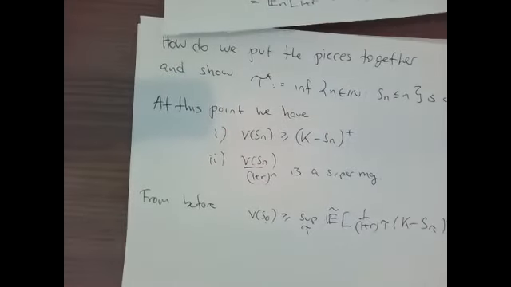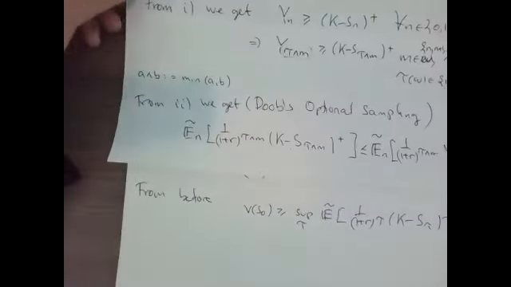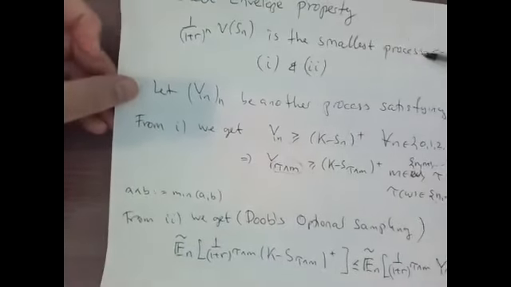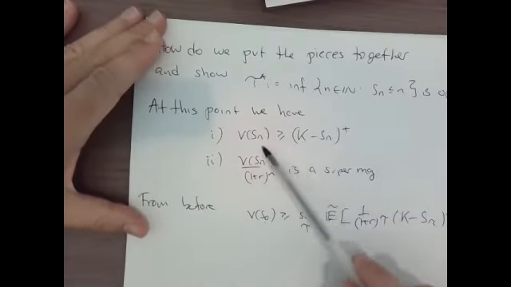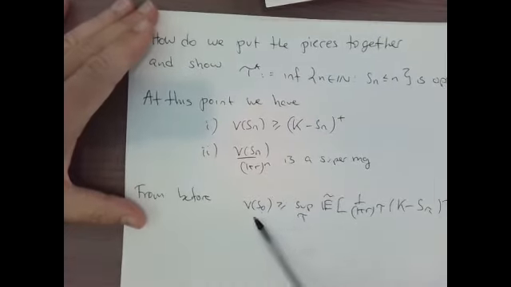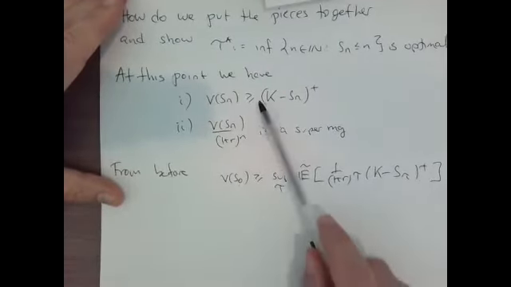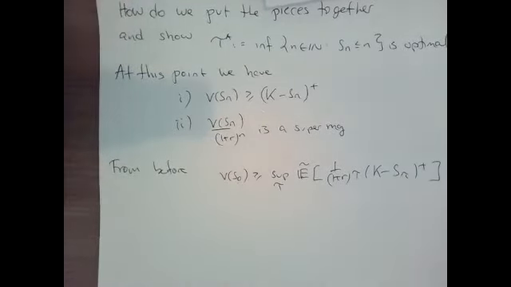Yeah, that was the argument we did before. We proved that this supremum is the smallest such process. So here in the example, my V, the function we have, satisfies these two properties, and this supremum is the smallest one that has these properties. V is just one of them, so I'm going to get this inequality.